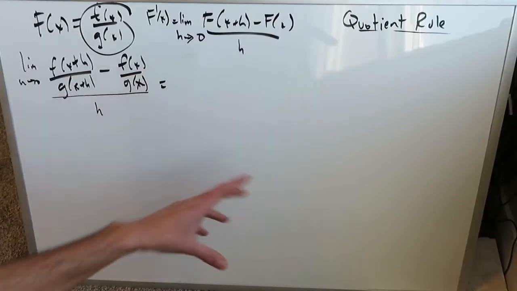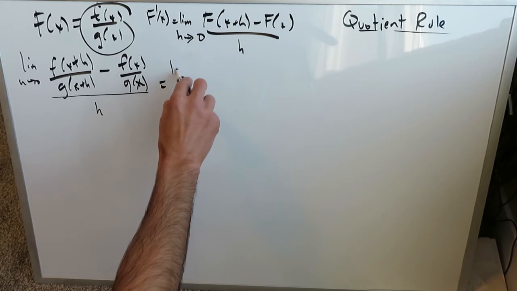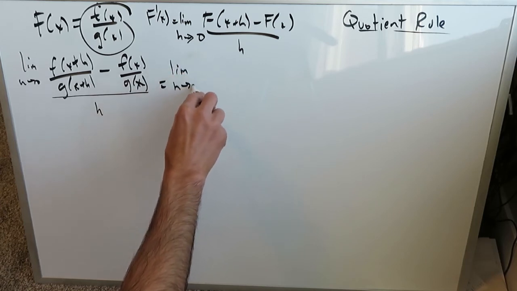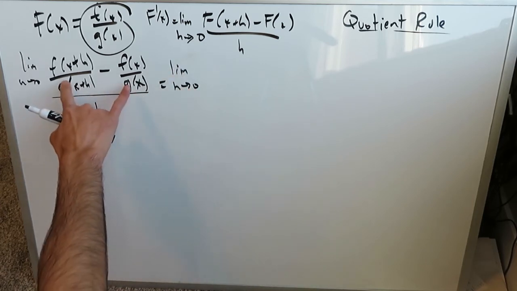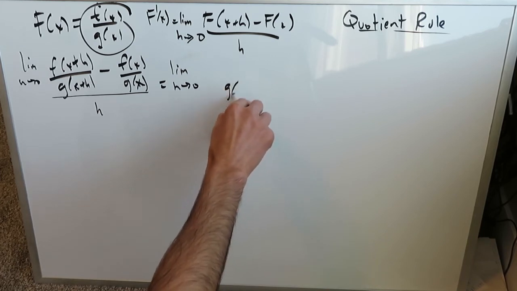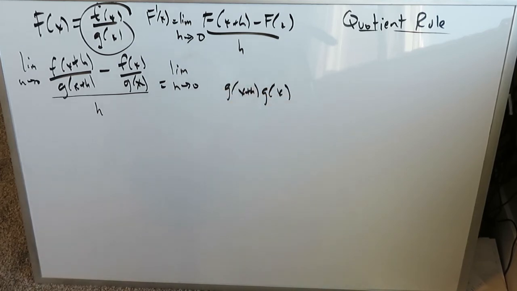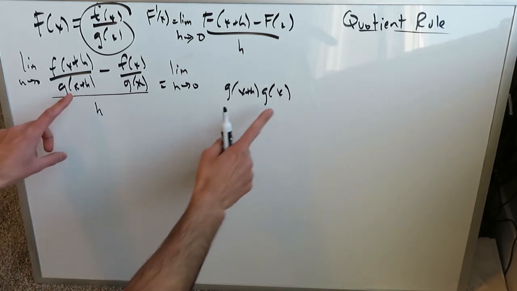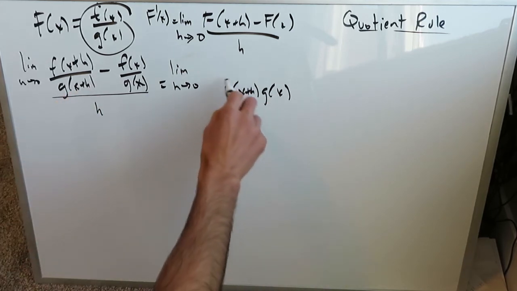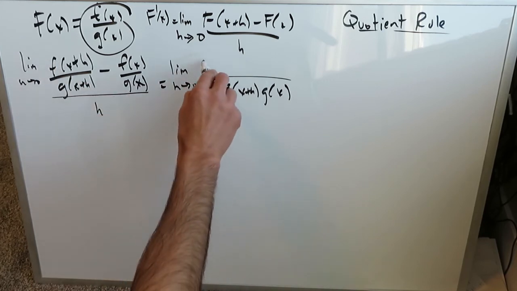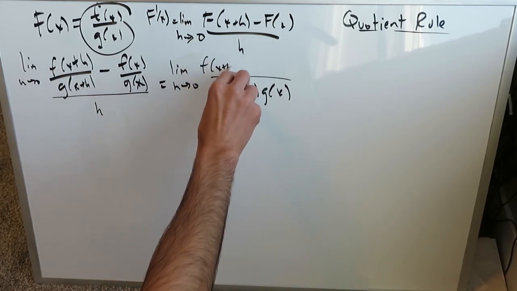We'll have to do everything here with the space limitation that we have. The way you proceed from here is with a common denominator of these two items. You have g of x plus h and g of x representing a common denominator. This g of x goes in and multiplies with this item here, so you have f of x plus h times g of x.